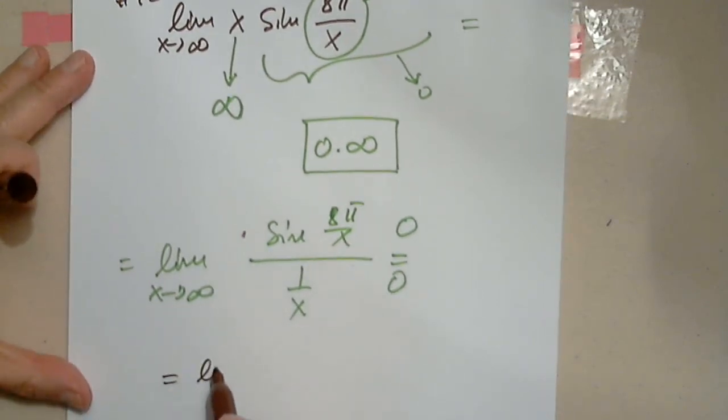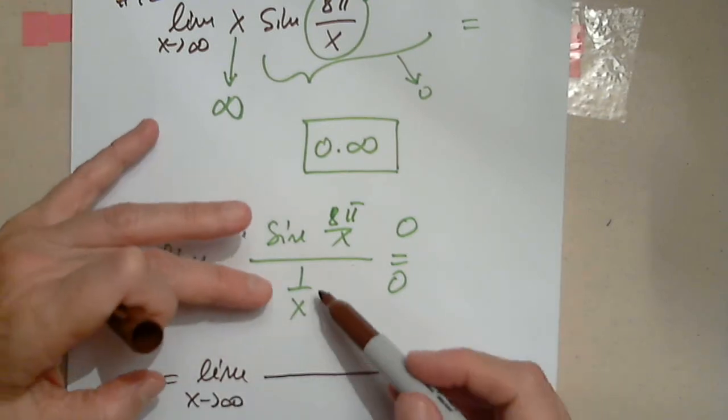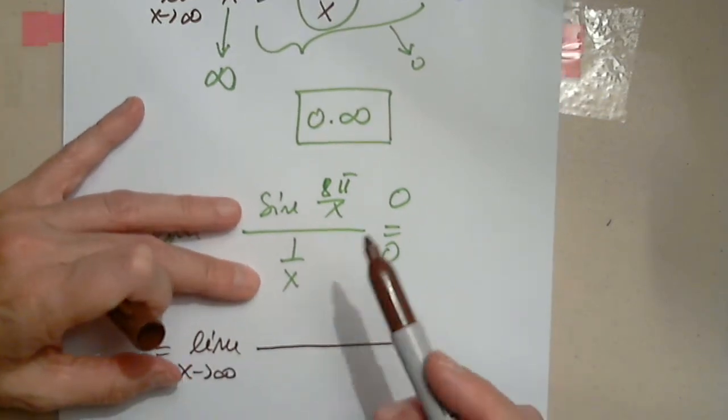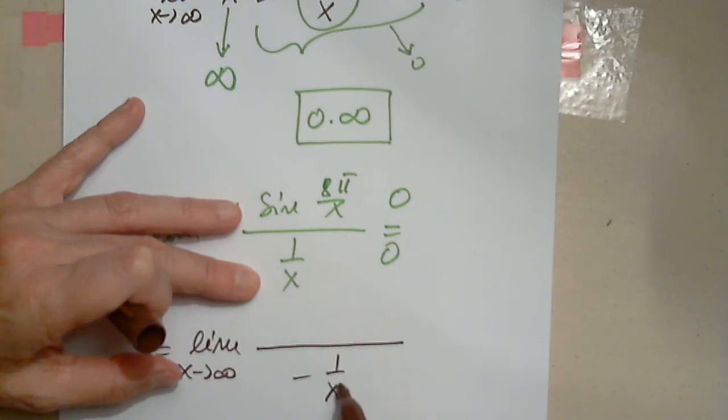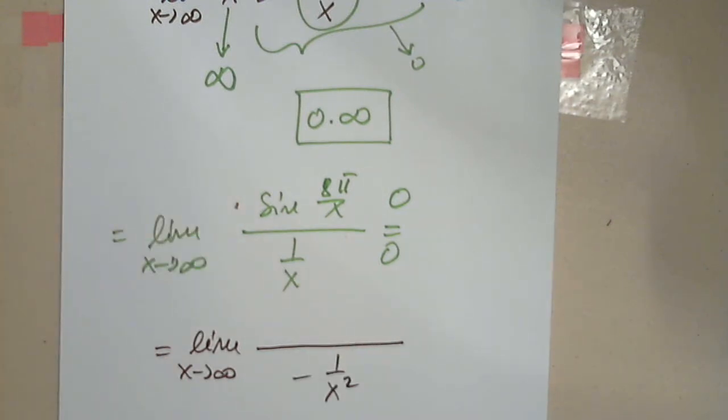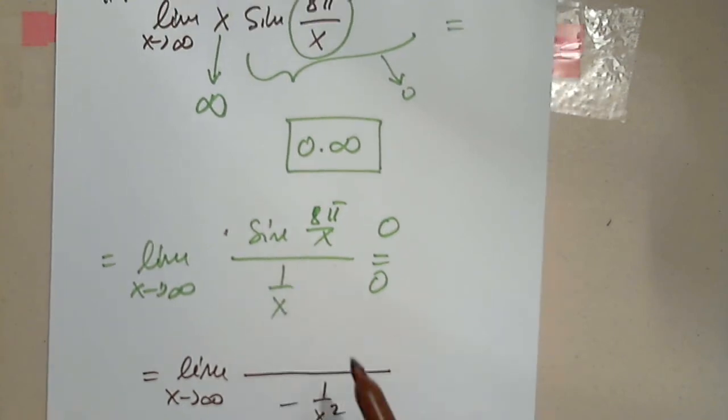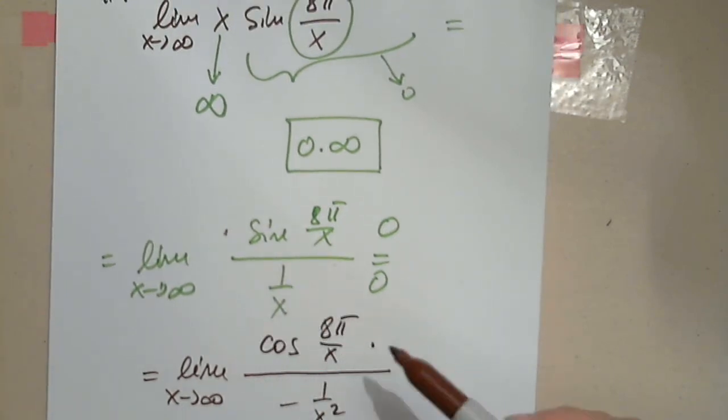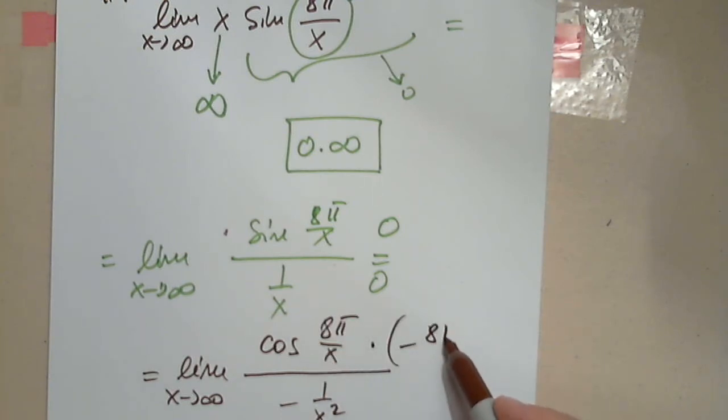So now, limit as x approaches infinity. Remember, this is very useful. We discussed that several times. The derivative of this is negative 1 over x squared. And then when I differentiate sine, I do get cosine of 8 pi over x, and I multiply by this prime, which is negative 8 pi over x squared.